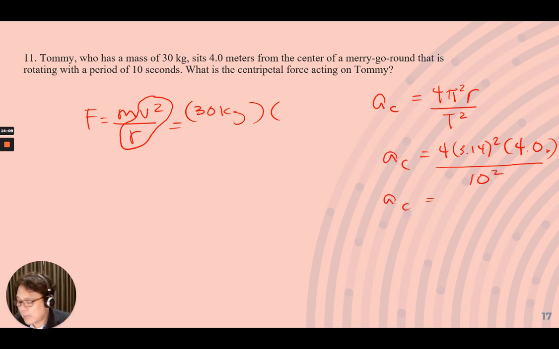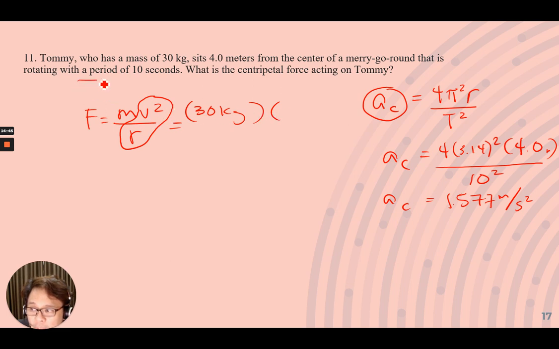So let us compute for a sub c. 4 times 3.14 squared times 4 divided by 10 squared. You will get a sub c of 1.577 meters per second squared. So this is what we substitute. v squared over r is this one, but it's not given in terms of v.